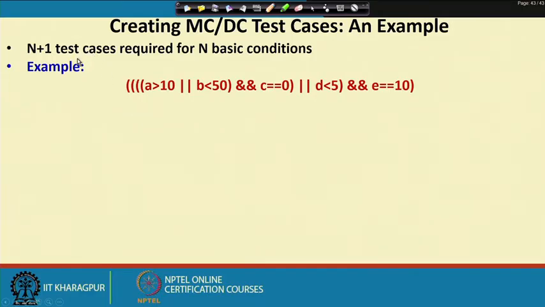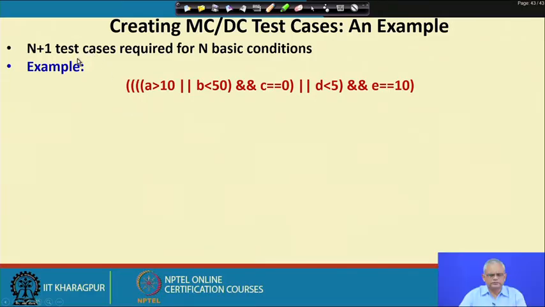One thing I need to mention is that if a conditional expression has n sub expressions, here we have 5 sub expressions 1, 2, 3, 4, 5, then for multiple condition coverage MCC we need 2 to the power 5 which is 32, but for MC/DC test cases it will be just 6, 5 plus 1 is 6.